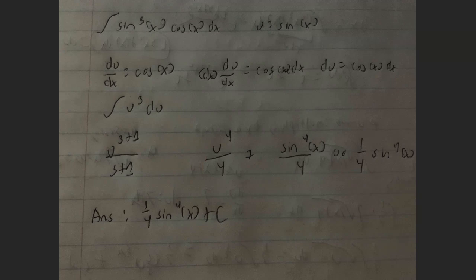I figured out du over dx equals cosine x, then multiplied dx on both sides to get cosine x dx equals du. Then substituting sine x, I got u to the third power, and then du, since du equals cosine of x times dx.